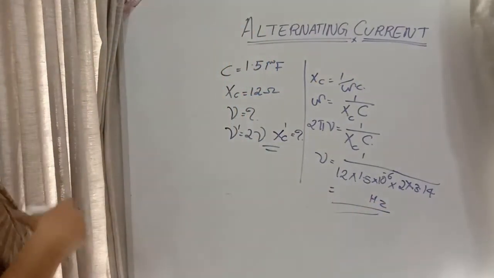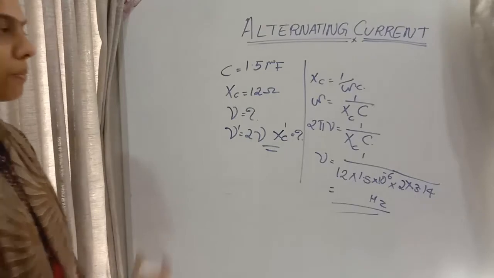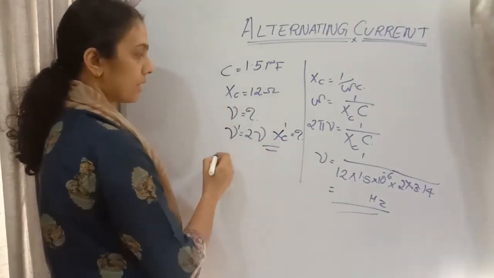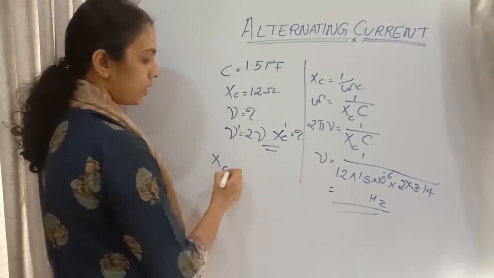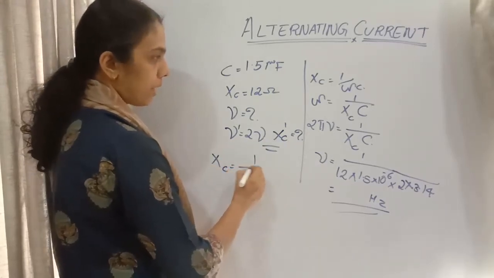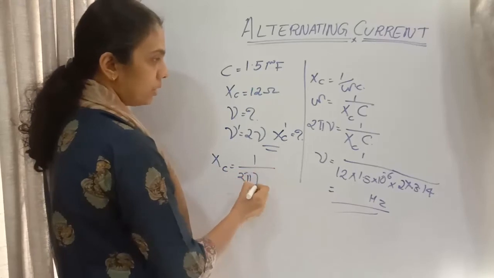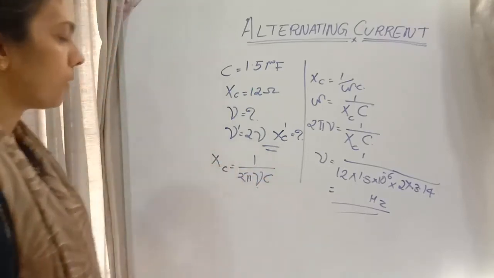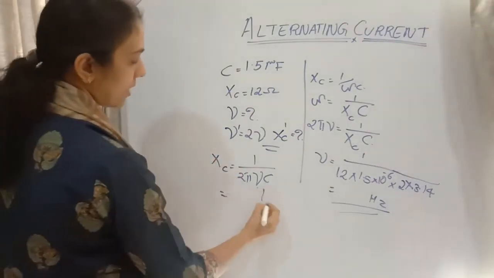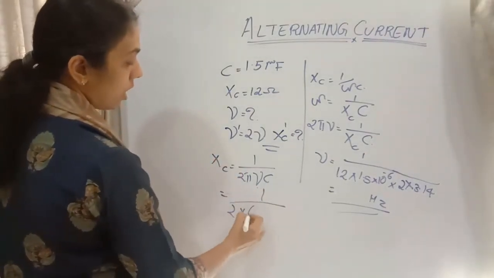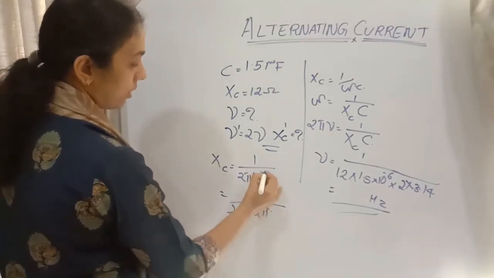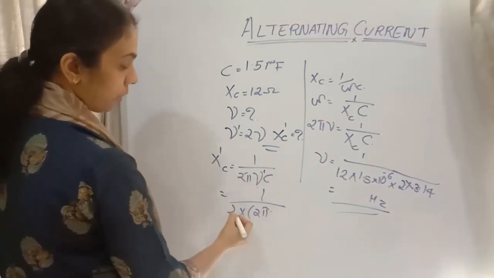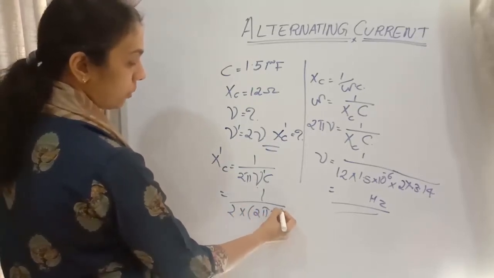Now the frequency is doubled. How can we find out the Xc value? Xc equals 1 by 2 pi nu c. Since the frequency is doubled, Xc dash will be 1 by 2 pi nu dash c, that is 1 by 2 into 2 pi into nu into c.